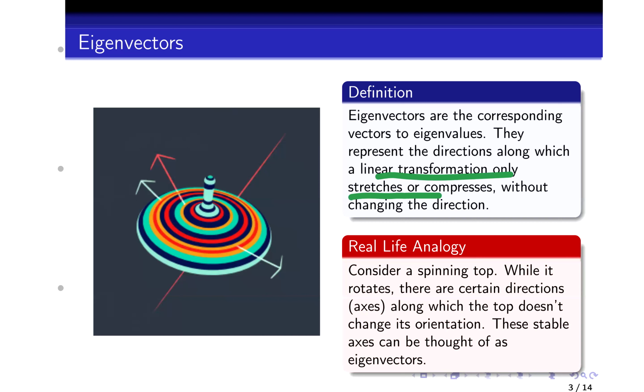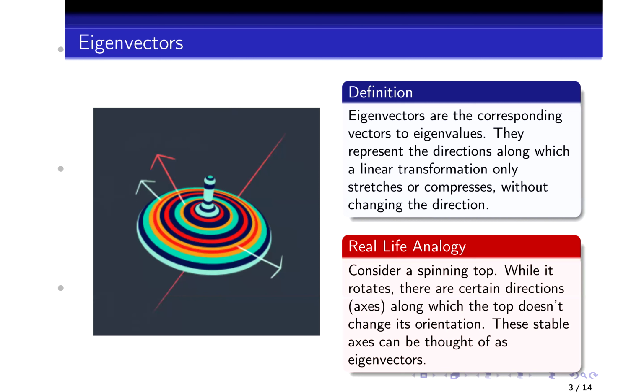All right. A very good example, of course, is still the rubber band. The direction in which the rubber band stretches, or the direction in which it is compressed, is your eigenvector. And then, of course, we can talk about a spinning top. Consider a spinning top while it rotates, like a circular disc.